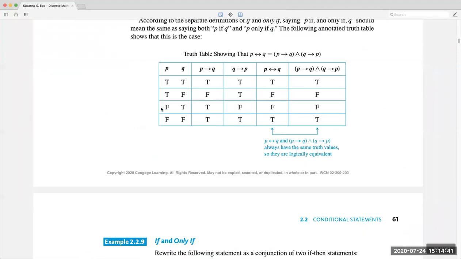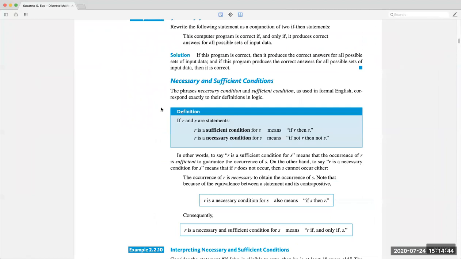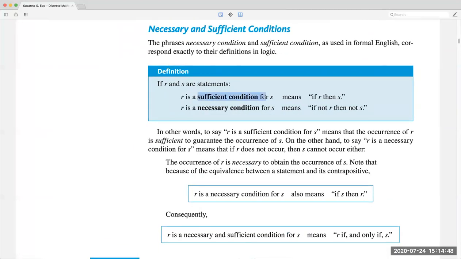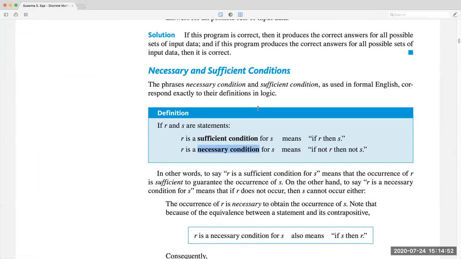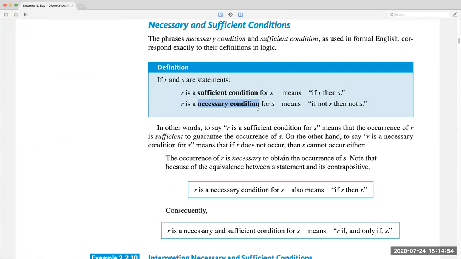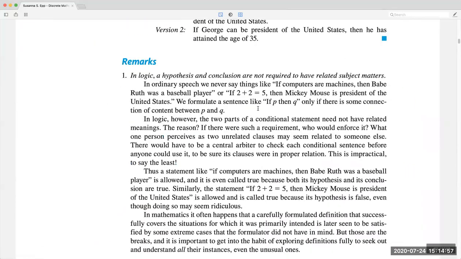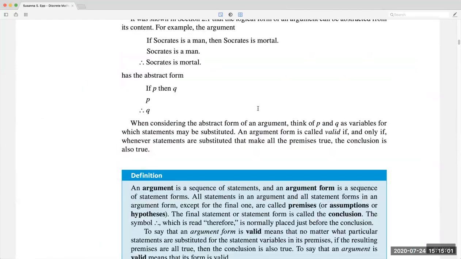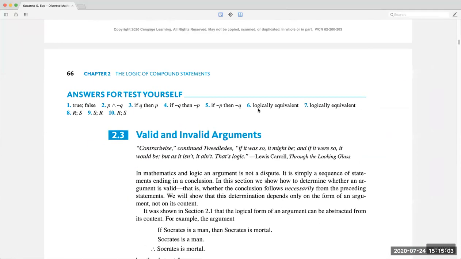I think we have finished talking about this session already. Let me see. You may learn these words, okay? Sufficient condition and necessary condition are so important in mathematics. And then I think we have finished this session already. Yeah, yes. Is it? Oh no, not yet.